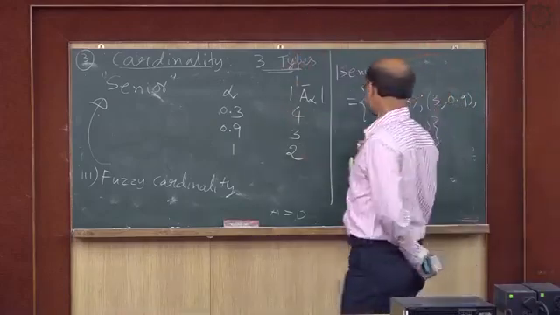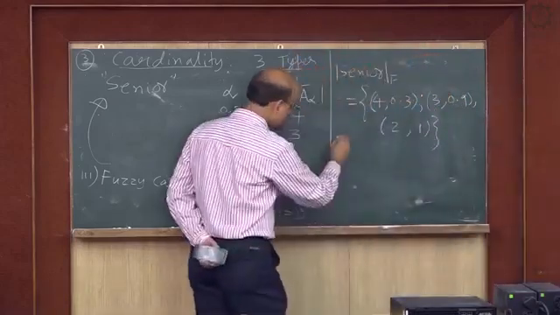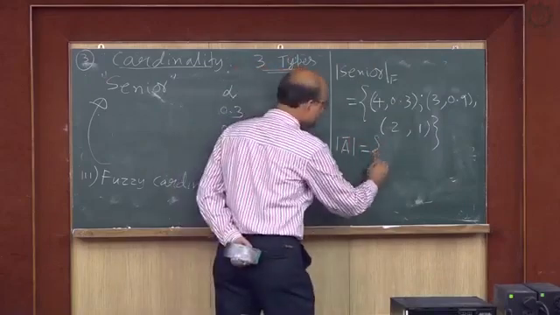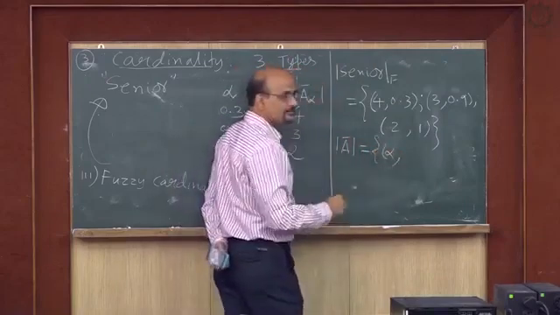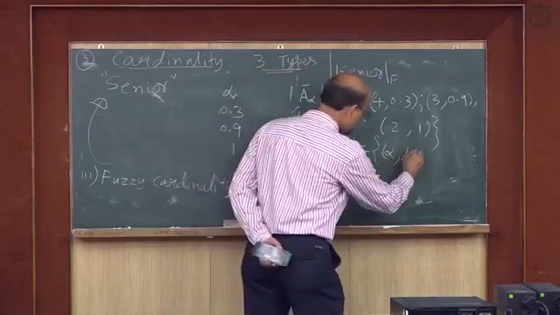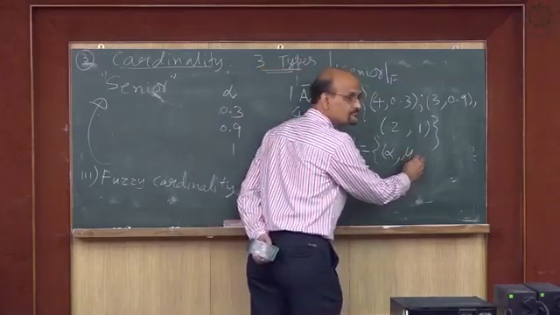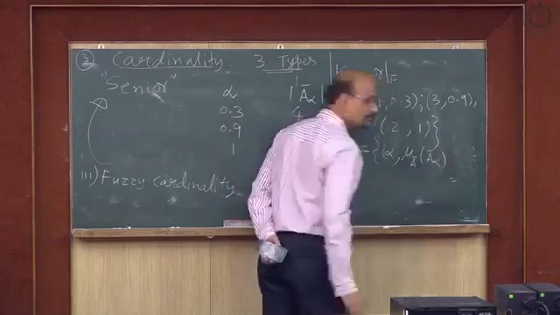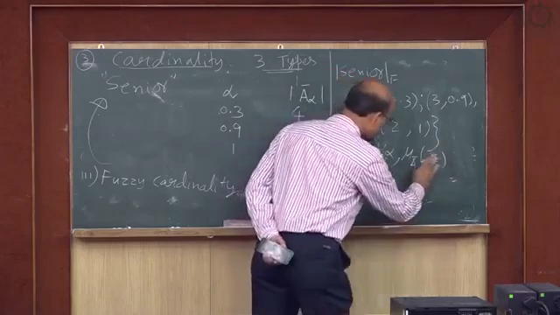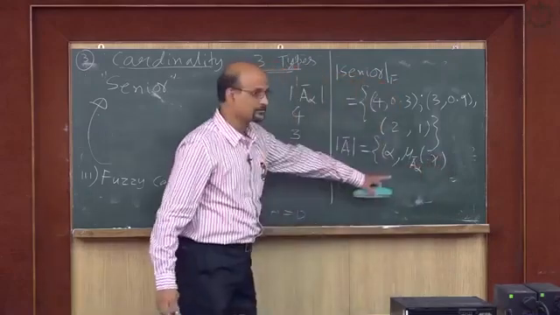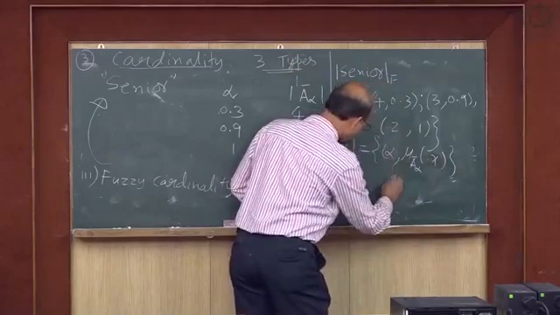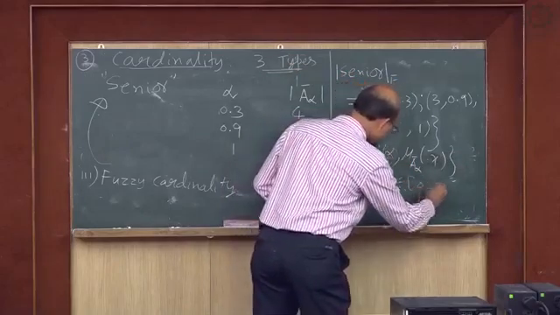So now in general I can write the fuzzy cardinality of A bar as pairs of alpha and mu A bar alpha, where alpha belongs to [0, 1].